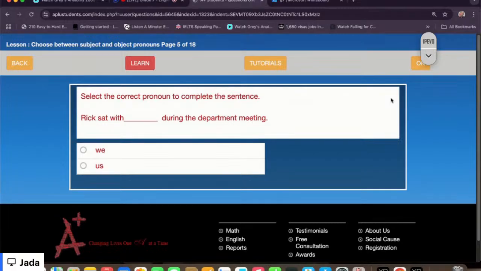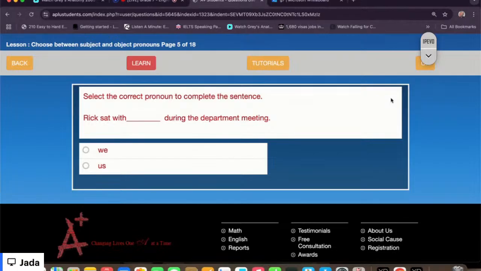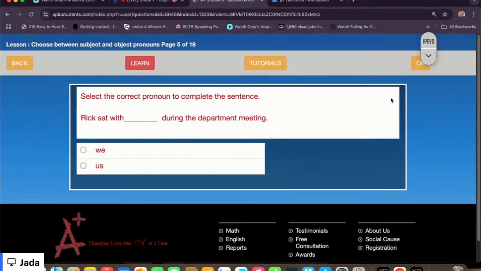Rick sat with blank during the department meeting. We or us? Okay, so we have: Rick sat with us during the department meeting.